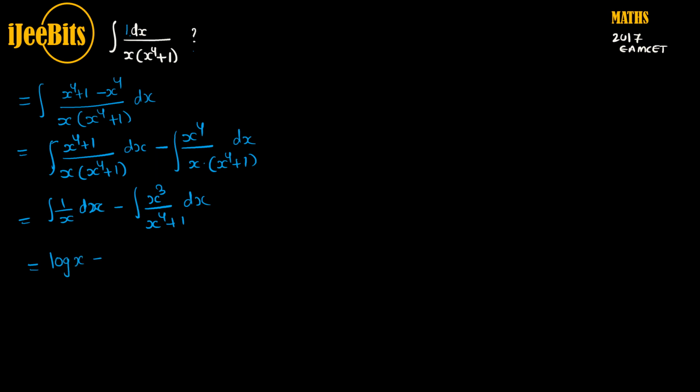Minus, let's say t is equal to x to the power 4 plus 1. What about dt? dt equals 4x to the power of 3 dx. So x cube dx would be dt by 4, correct? So can you rewrite now? How do you replace this one?